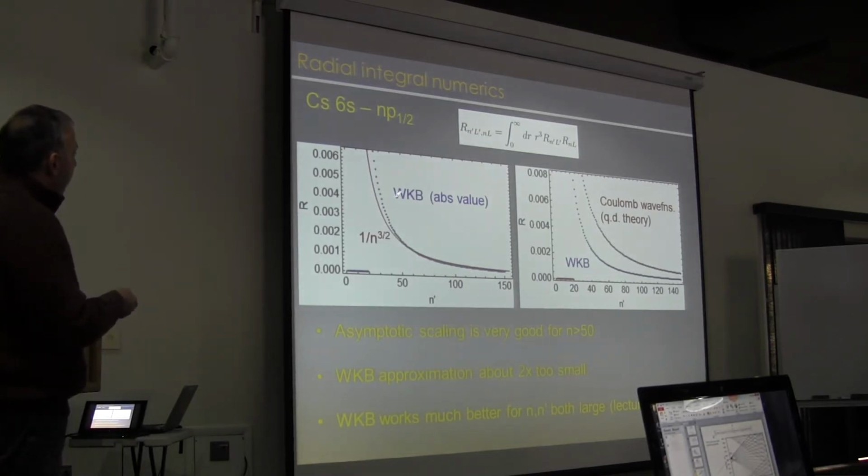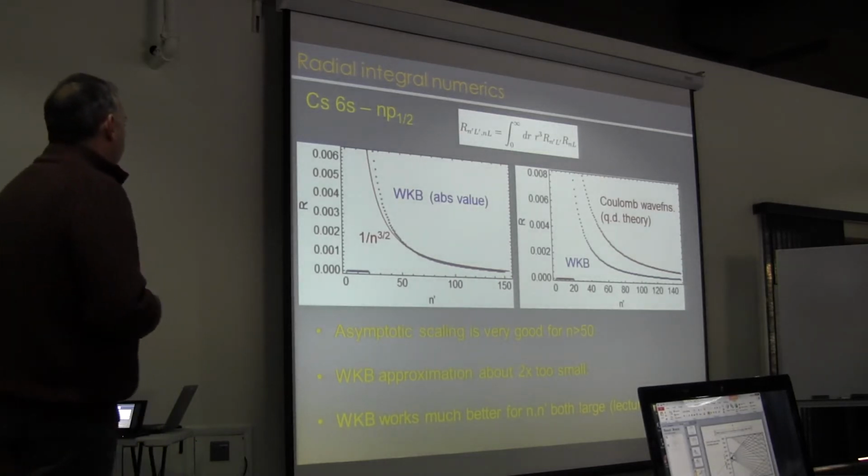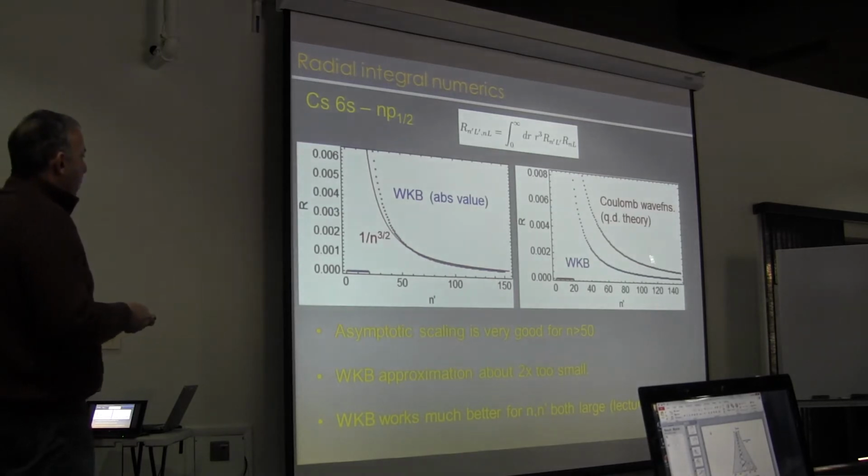Although the absolute value from the WKB method going from ground to Rydberg is actually not that accurate. We can compare the WKB calculation with a calculation based on Coulomb wave functions, using the known quantum defects of cesium, and there's a quantitative difference of about a factor of 2 here at high n. So although the scaling is good and captured by the WKB, for a quantitative number these Coulomb wave functions are more accurate.